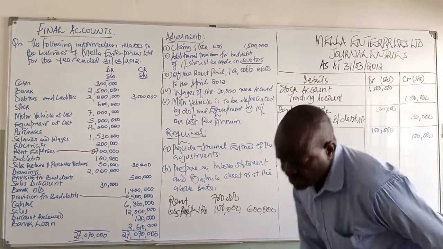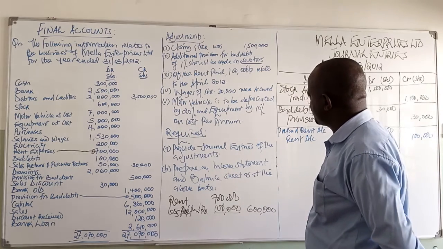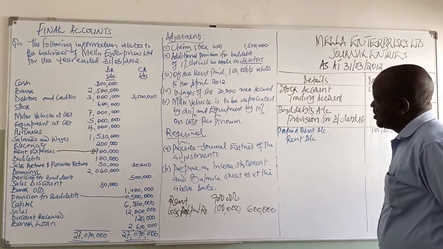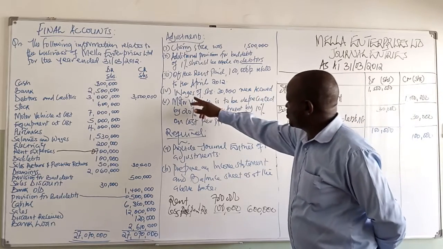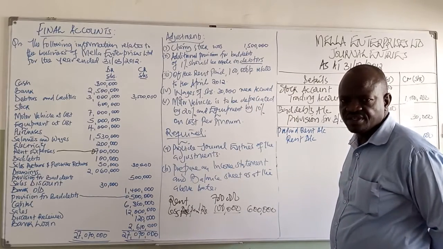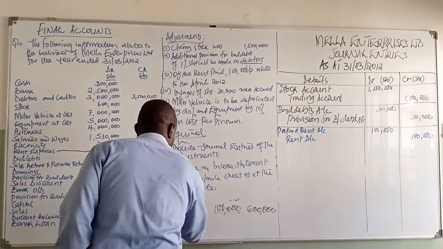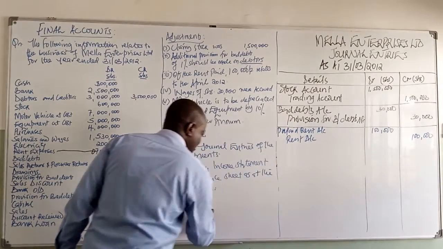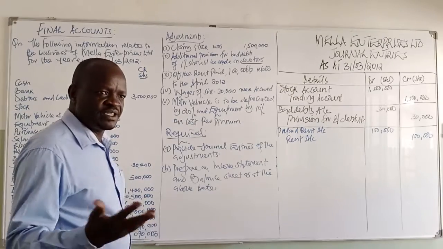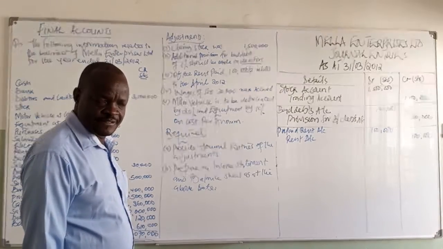Then next is wages. Do you have the wages? Yes, wages account. You can see here wages. There's wages of 100,000 that were accrued. How have you been treating accrued in the income statement? Because we know accrued expenses are liabilities.